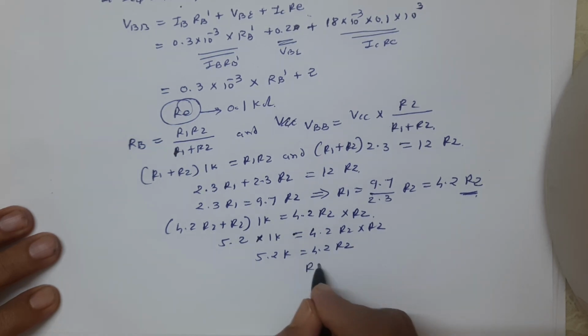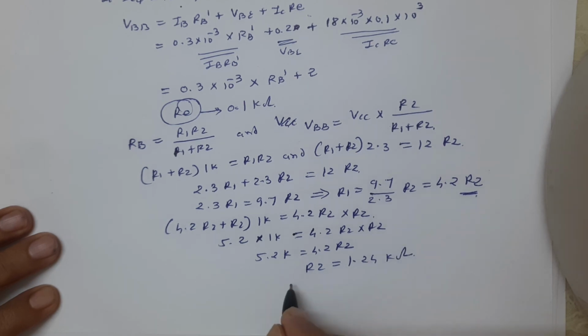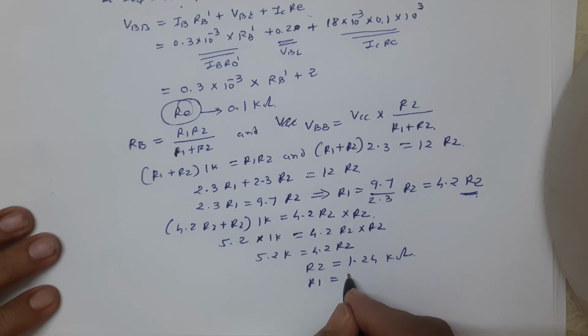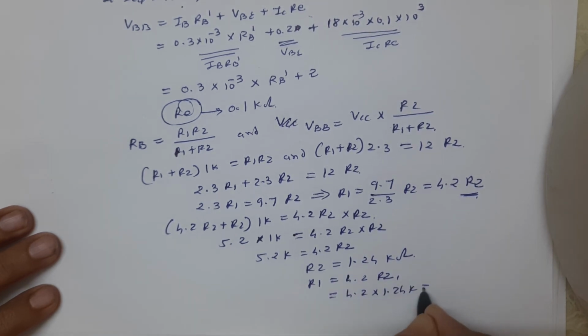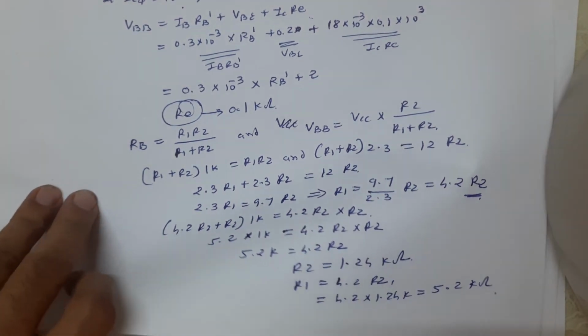Therefore, R2 is equal to 1.24 kilo ohm, and R1 is equal to 4.2 R2, which is 4.2 into 1.24K, equal to 5.2 kilo ohm.